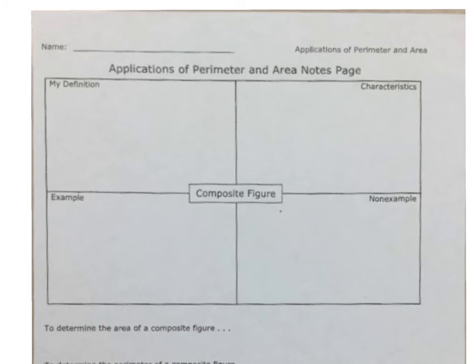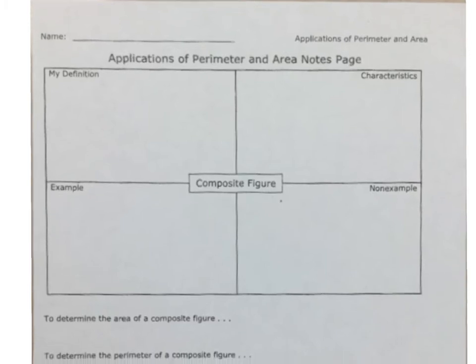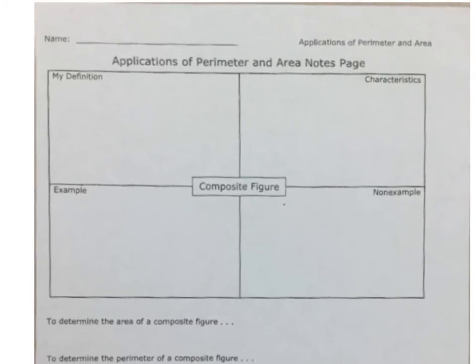Okay. Anyone know what this graphic organizer is called? Yes, it's a Frayer model. And what you'll need to list here is, we're going to talk about composite figures. So after our little conversation that we had just completed, what is your definition? What are the characteristics?